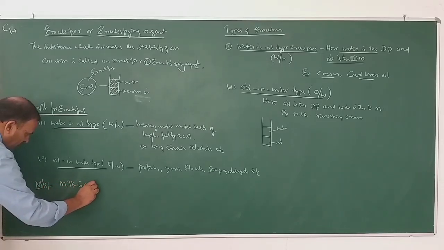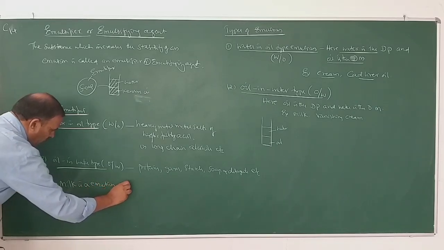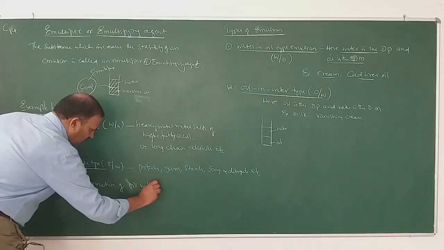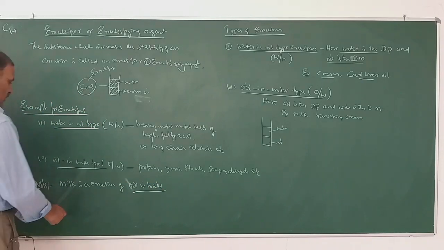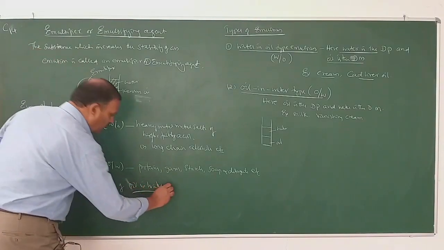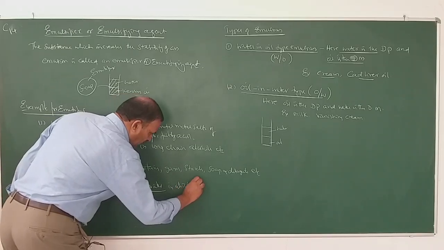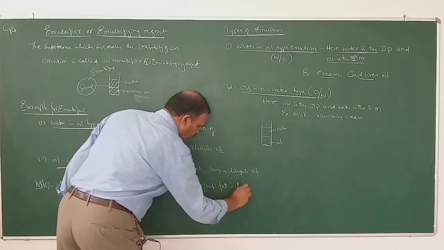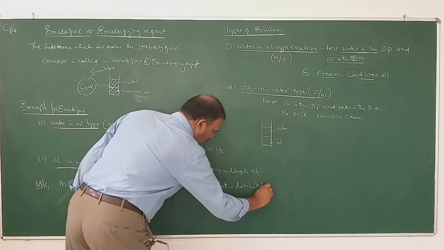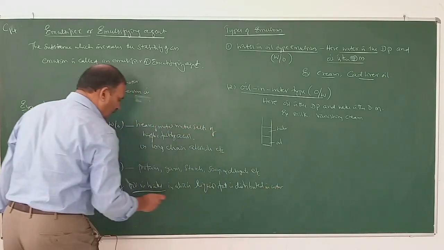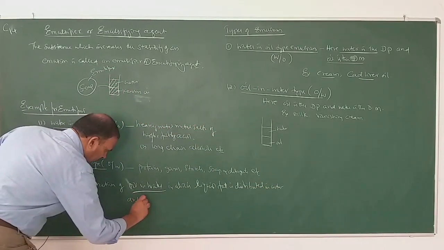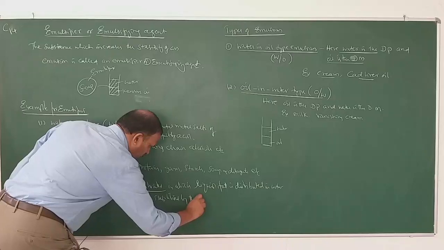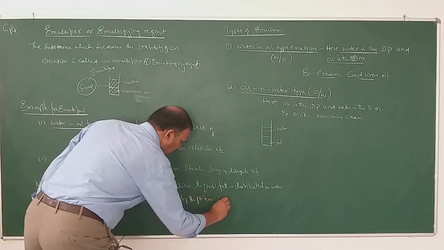Now I will give you an important note. Milk is an emulsion of oil in water type, in which liquid fat is distributed in water, and it is stabilized by the protein casein.